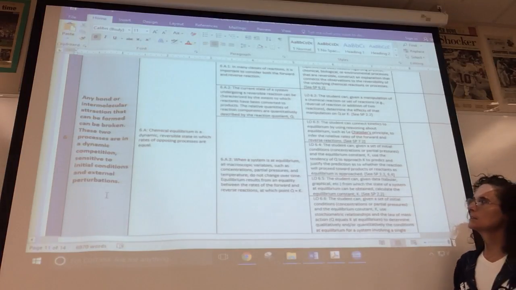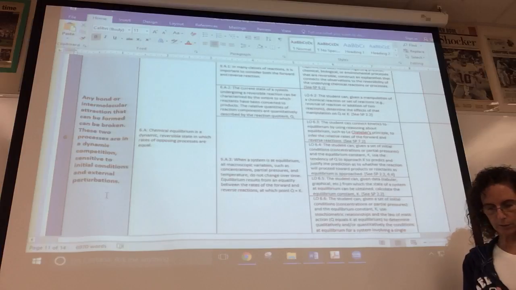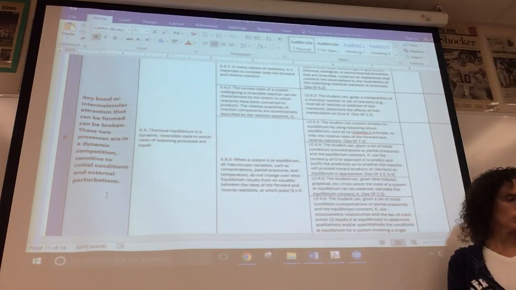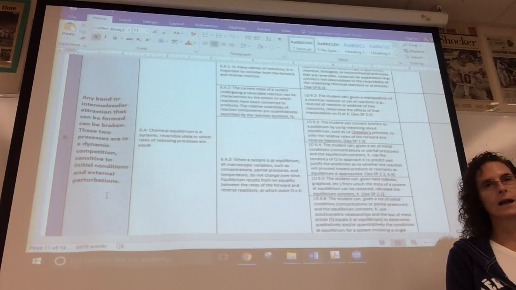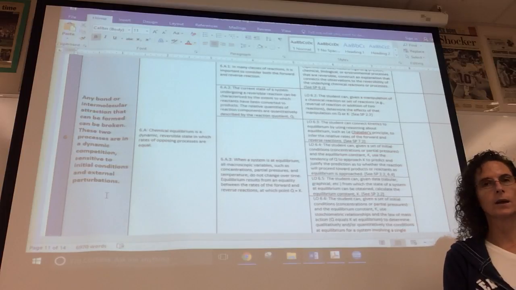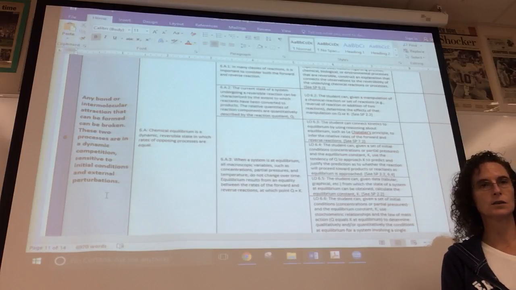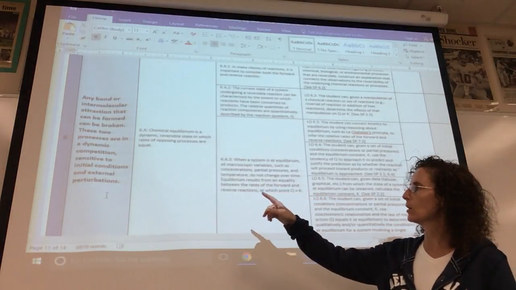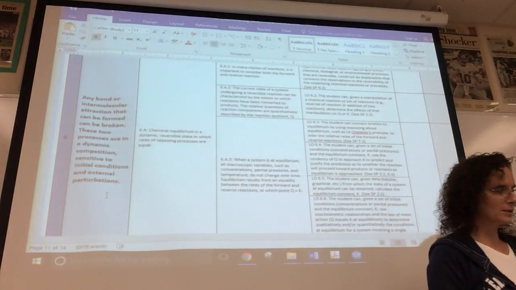At the end of this lesson, or at least the group of lessons in this chapter, you want to understand that chemical equilibrium is a dynamic process, and you're going to look into initial conditions as well as any type of factor that can affect equilibrium and how the system reacts to those factors, otherwise known as external perturbations. That's hard to say.